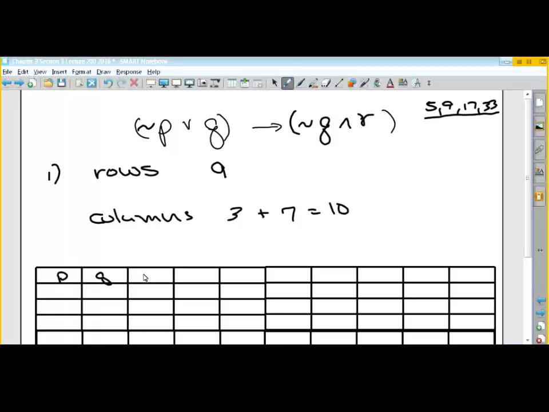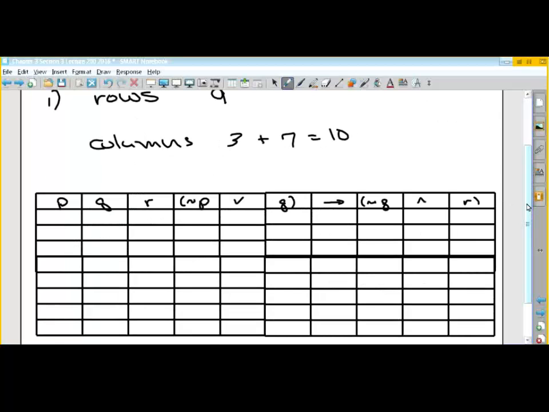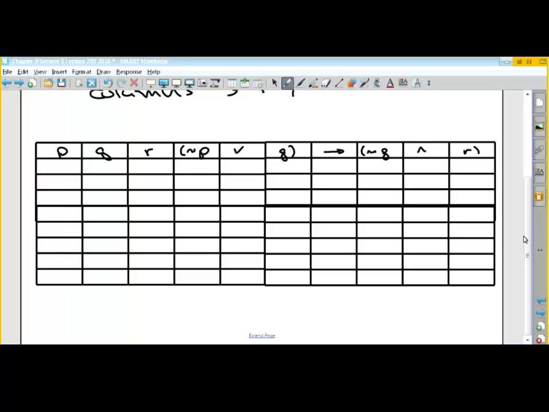So we're going to fill out the columns P, Q, R, and then we write our logic statement. Like that. Now I can move it up because I have everything. So let's start with Mary Jo. What should I put in this first column?